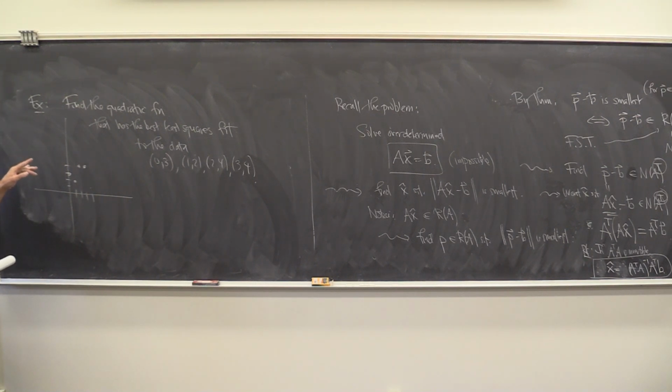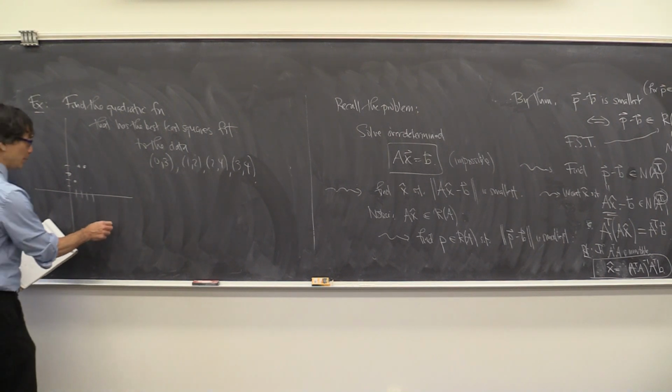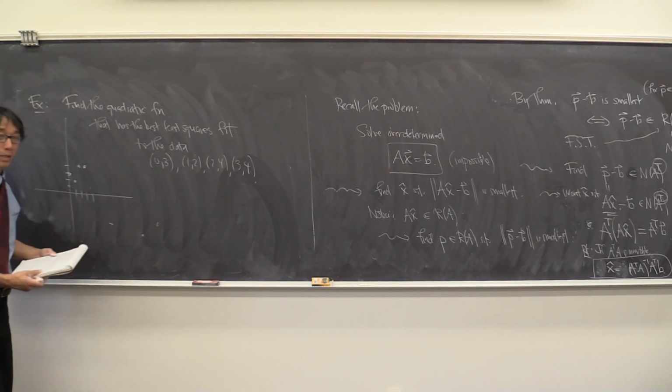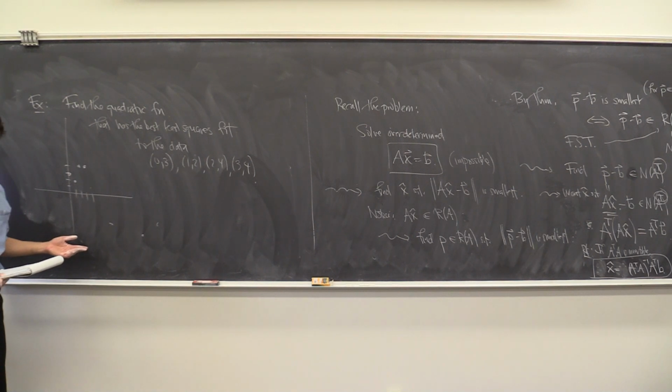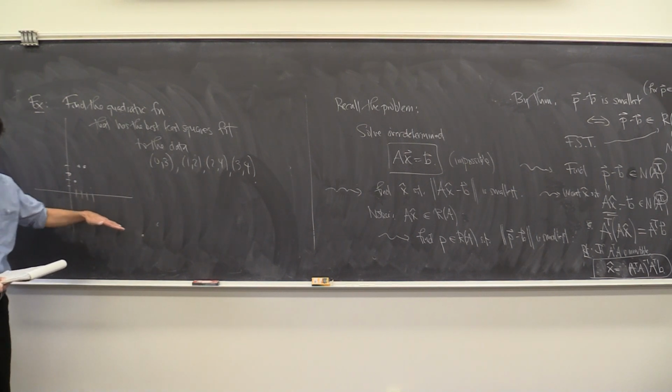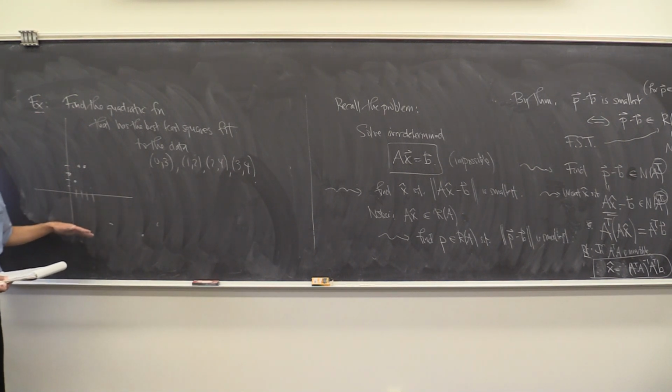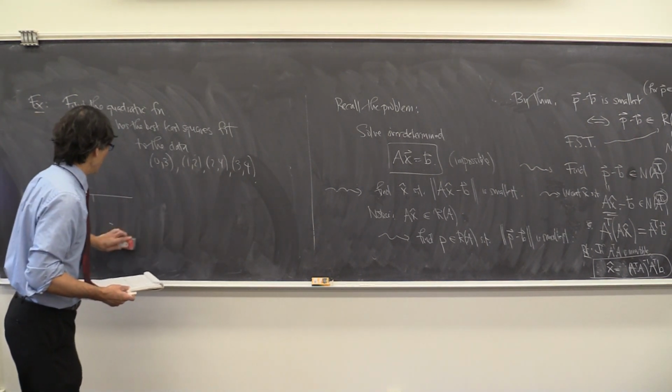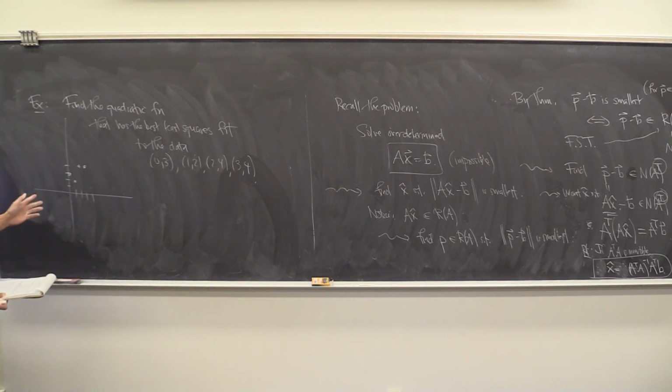It's like saying, find me the line that passes through these 3 points. For a line, once you have 2 points, you've already specified the line. Adding a 3rd point just overdetermines the problem. So clearly it's impossible. You're not going to find a quadratic that passes through all of these points.